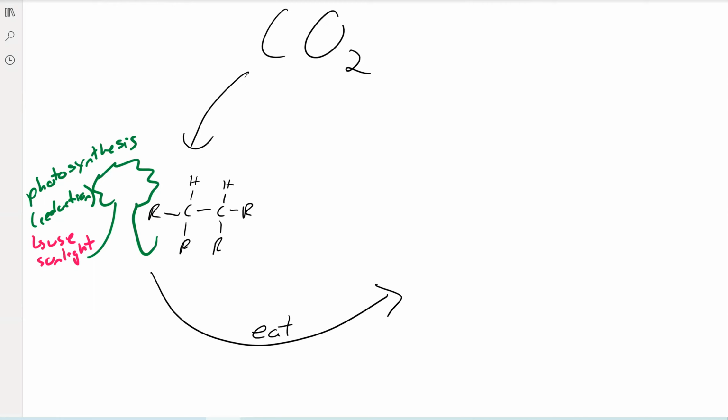We eat these plants, right? And then we take in these reduced carbons, and then we metabolize them, right? So this is a form of oxidation. So we're oxidizing these sugars, and so we're releasing energy. And so we use that excess energy to live.